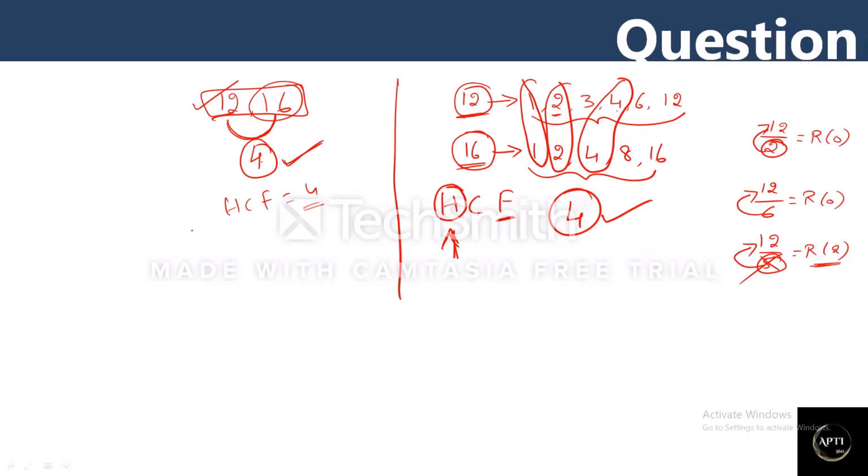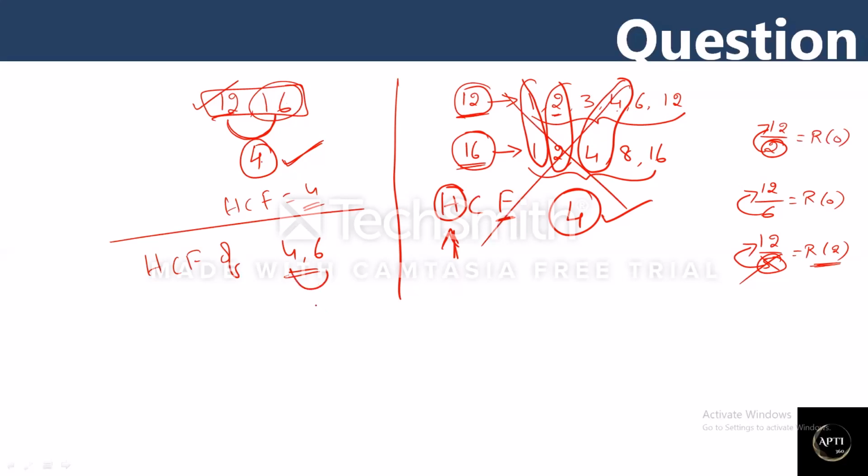Now let me give you one question. Next question, find the HCF of 4 comma 6. Can you find out what is the highest common factor of 4 and 6? Now don't do it using the other approach, I mean writing the factors for 4 and 6. What's the first step?